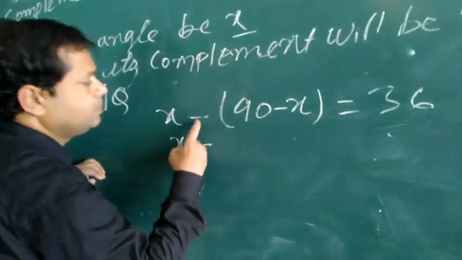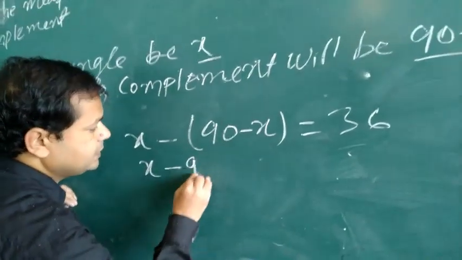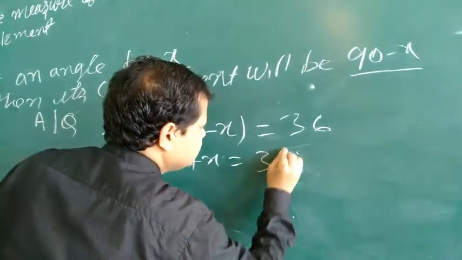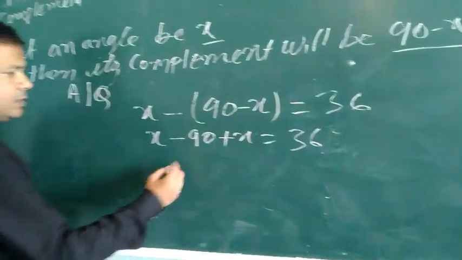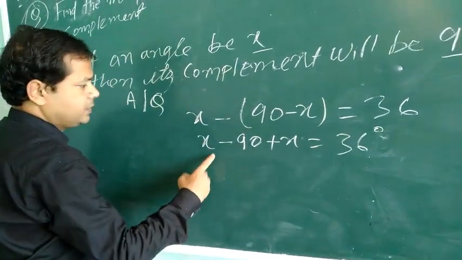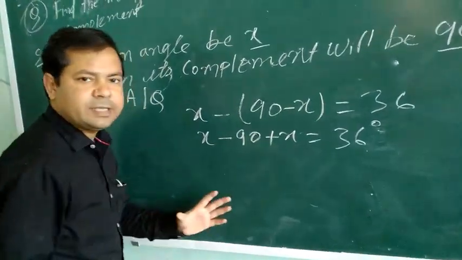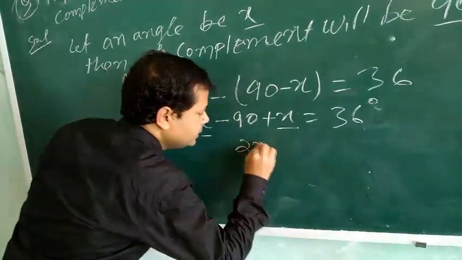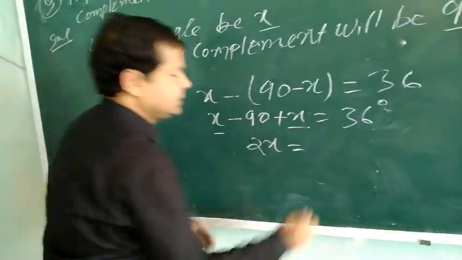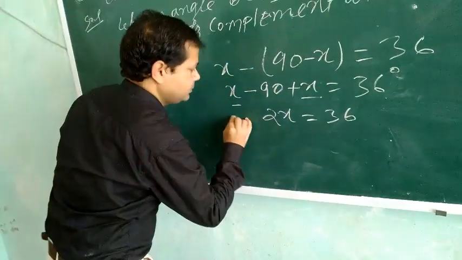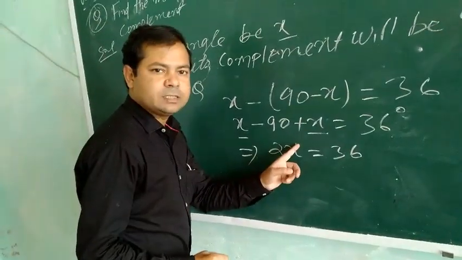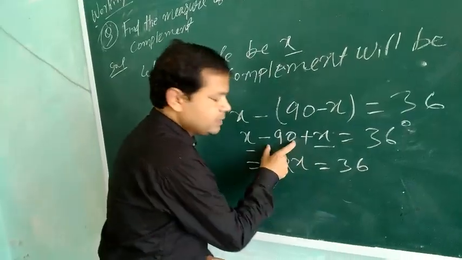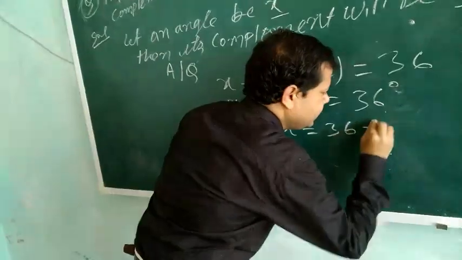x minus (90 minus x) equals 36 degrees, that is, x plus x minus 90 equals 36 degrees. Is that clear? Now here x plus x, how many x's are there? 1 and 1, 2. So this will be 2x minus 90 equals 36 degrees. Now transpose minus 90 to the RHS, then minus 90 becomes plus 90.